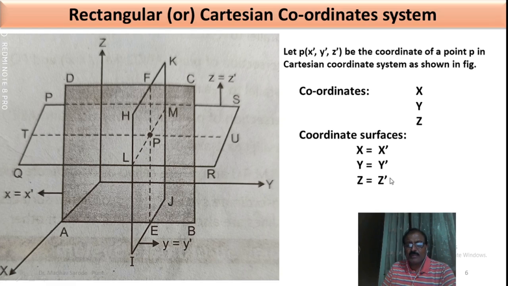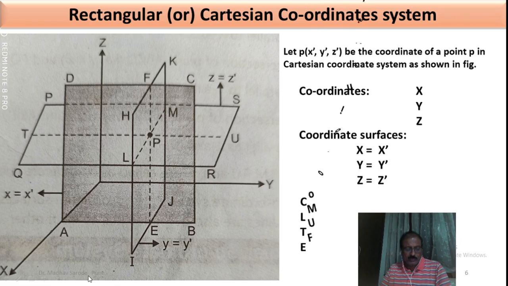So these are the coordinate surfaces: the first, ABCD, is parallel to the YZ plane, the second, HIJK, is parallel to the ZX plane, and the third plane, PQRS, is parallel to the XY plane.